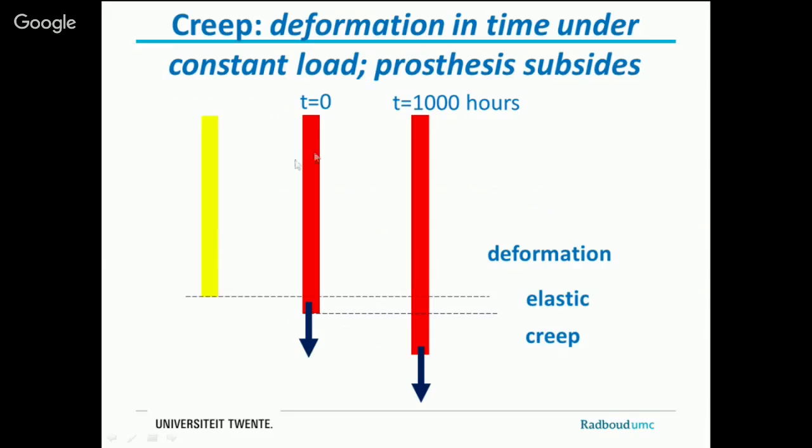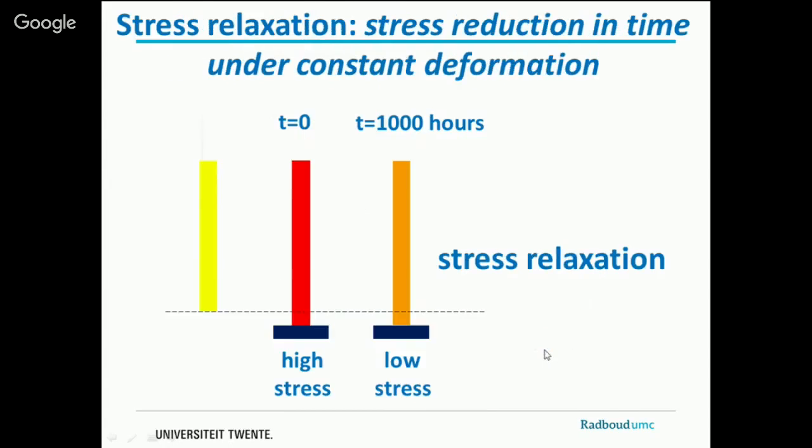I've shown you a little bit about this before. If we have a piece of bone cement and we put a weight on it, there is immediate elastic deformation, but if we wait for a longer period of time, it elongates. That is viscoelastic behavior. It's called creep. And stress relaxation is, we deform it with a certain percentage.